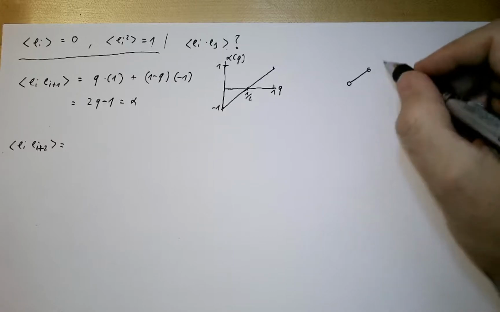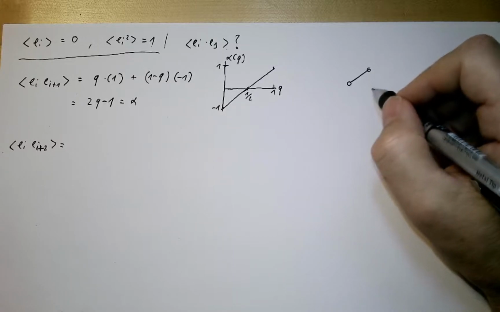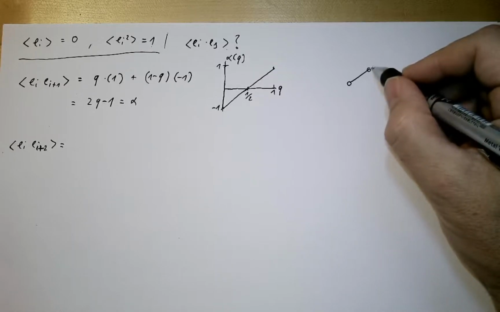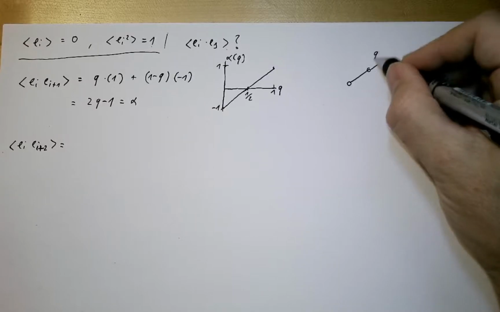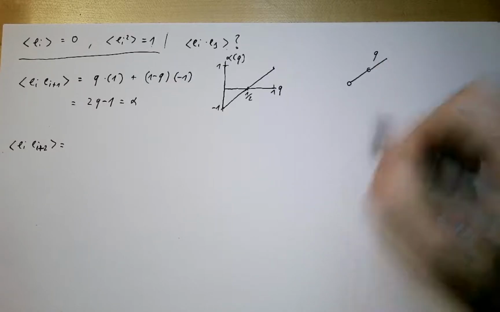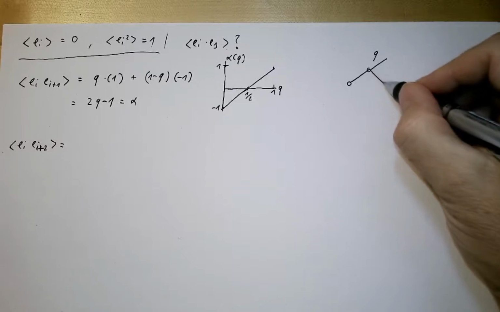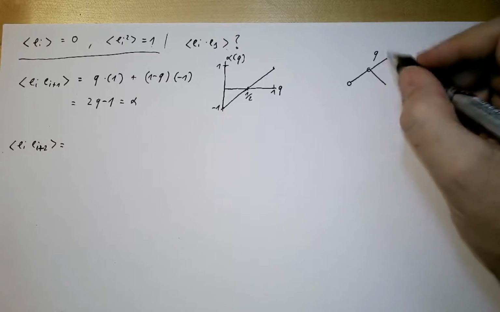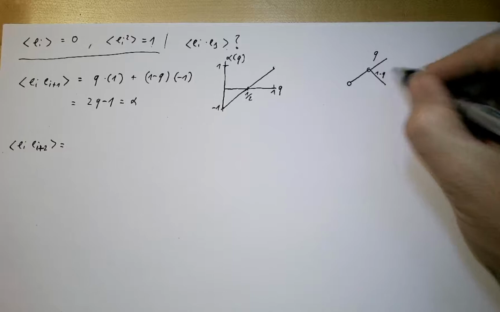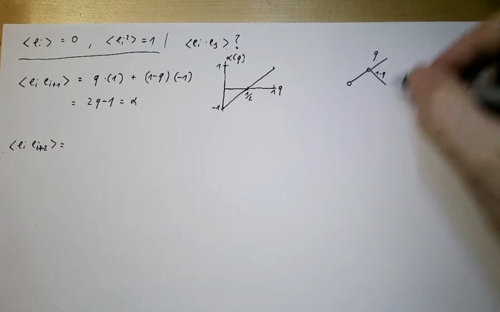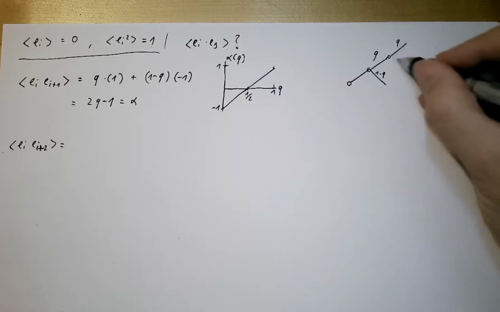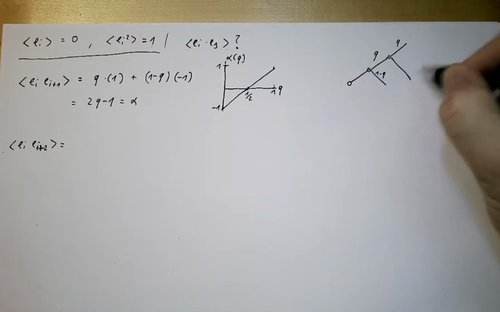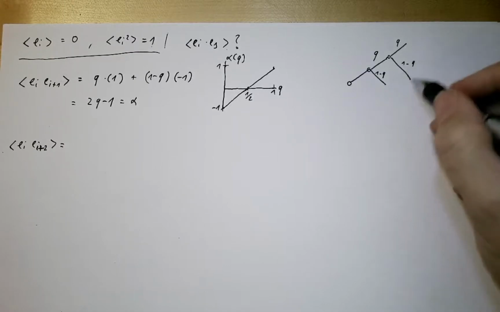Then with probability q, we go again upwards, and with probability 1 minus q, we go down. And now we can again with q go upwards, with 1 minus q we go down.